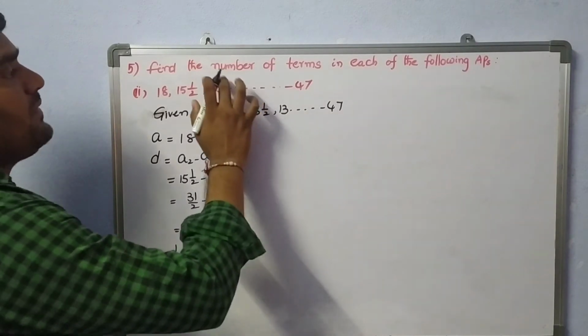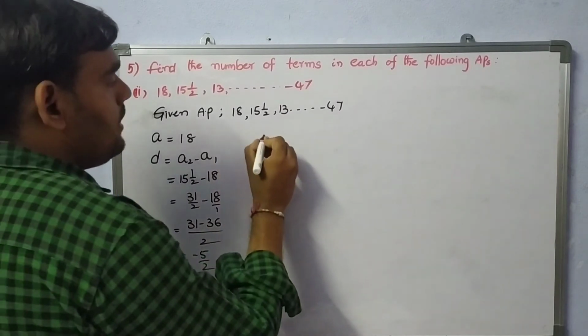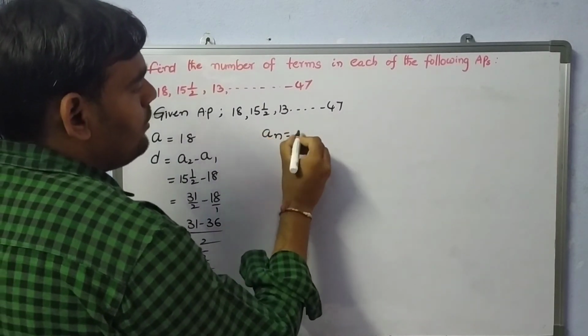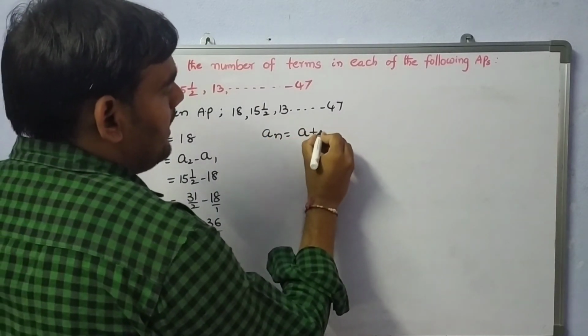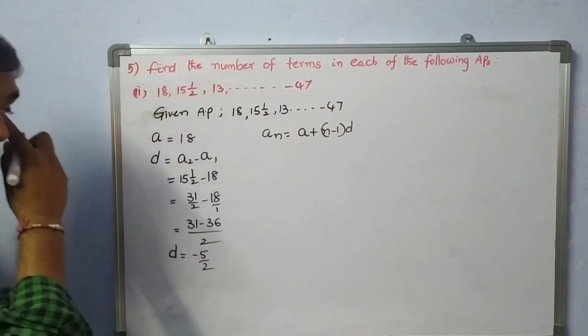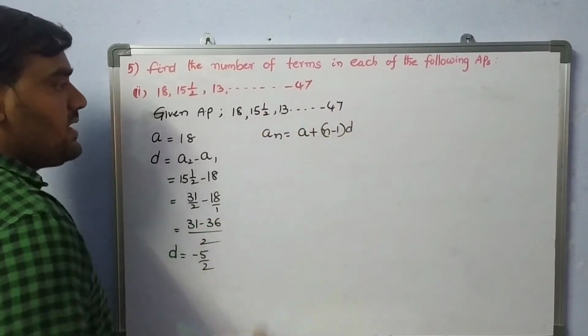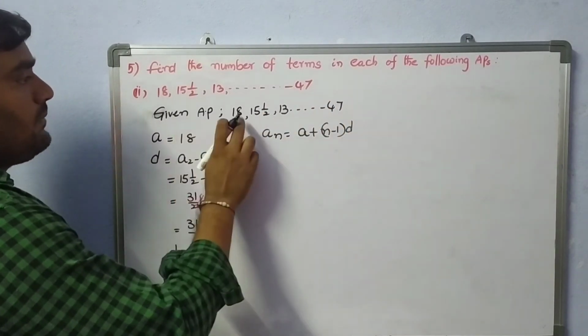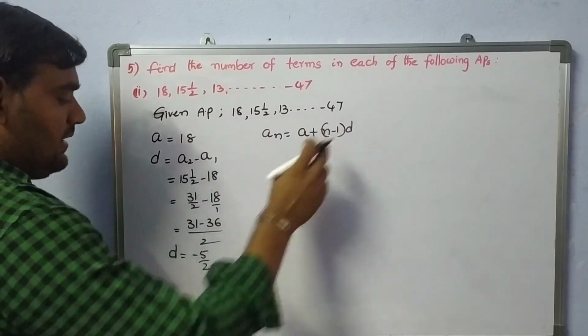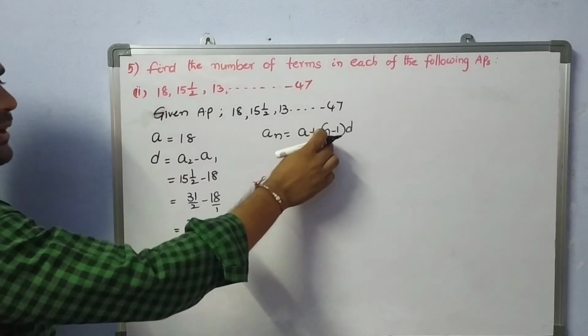Now in this problem they are asking to find the number of terms. So here an is equal to a plus n minus 1 into d is the formula to find the nth term. Here the nth term is minus 47, the first term a is 18, and the common difference d is minus 5 by 2. By using that we can find the number of terms.